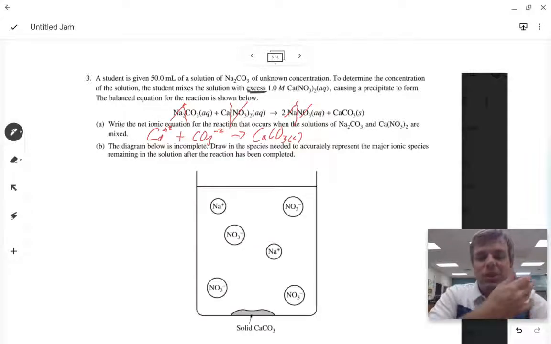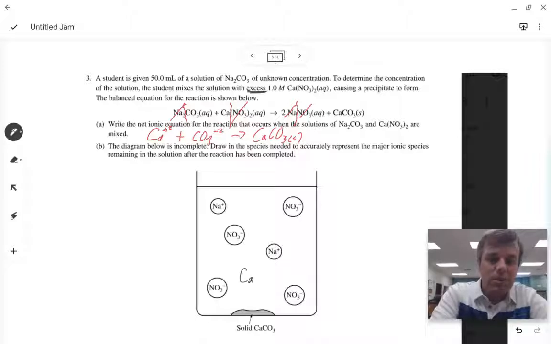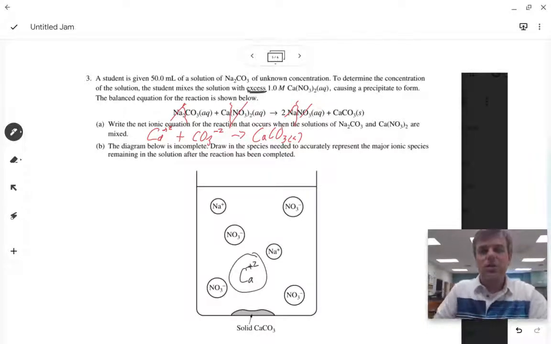That means we added more than we needed, so there's some left over. So there should be some calcium ions in here, at least one of them. So calcium with a +2 charge should be present. Right? So that's all you needed to do, was draw in a calcium ion.